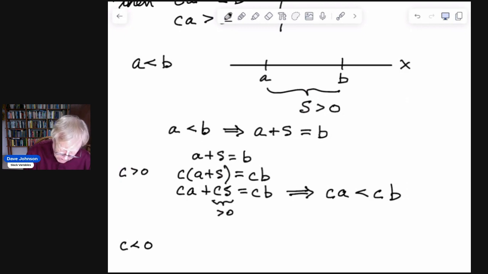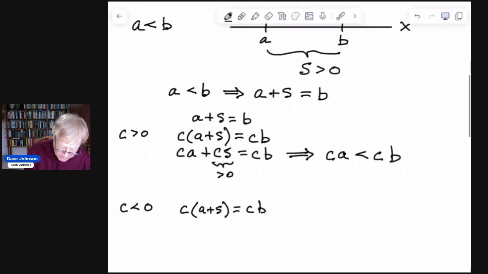So we start with our original equation, a plus s equals b. We multiply both sides, we get c times (a plus s) is equal to c times b. Just like we did before, we distribute: c times a plus c times s is equal to c times b. Okay. But now we have something which is less than zero times something which is greater than zero.